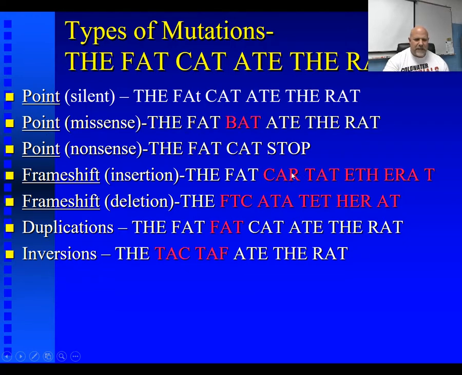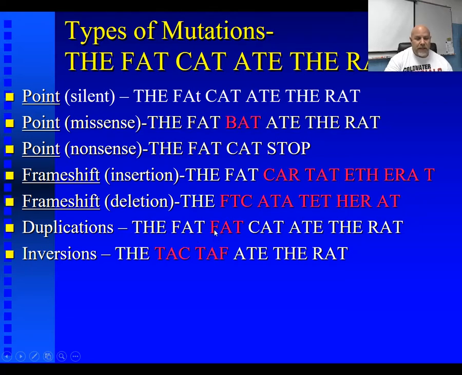So if I slide this over, I have ate the rat still, but everything's messed up because it's all pushed one letter this way. Same thing here. If I take the A out from fat, now it's the fit cat eta the rat. Well, that doesn't make any sense. Just like in the DNA, you're not going to make sense. You're going to have all the wrong amino acids, and you're going to make a non-functional protein.